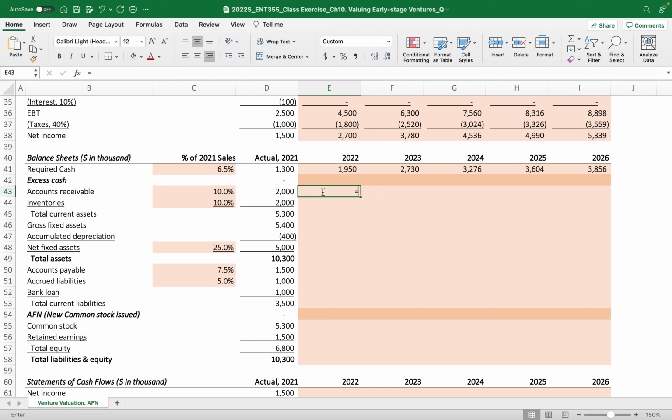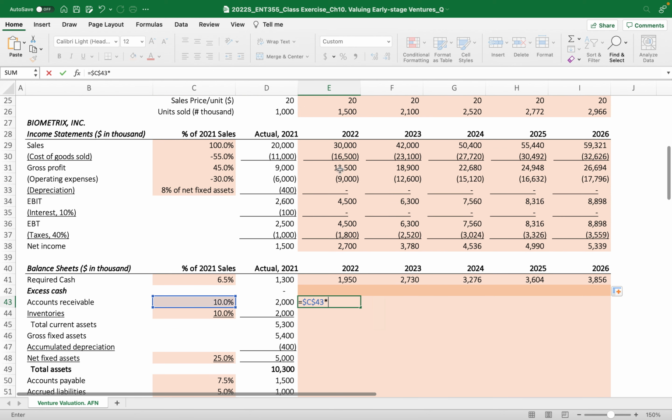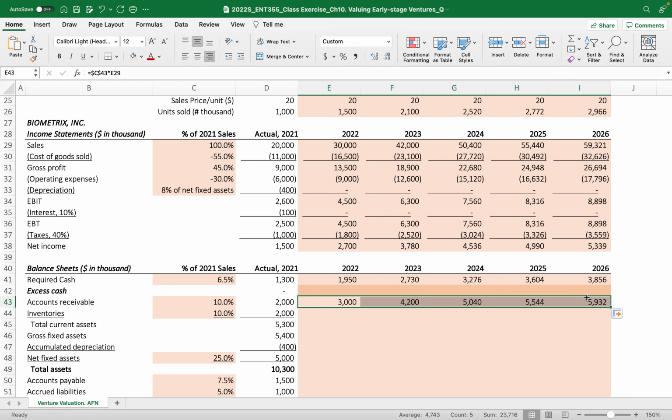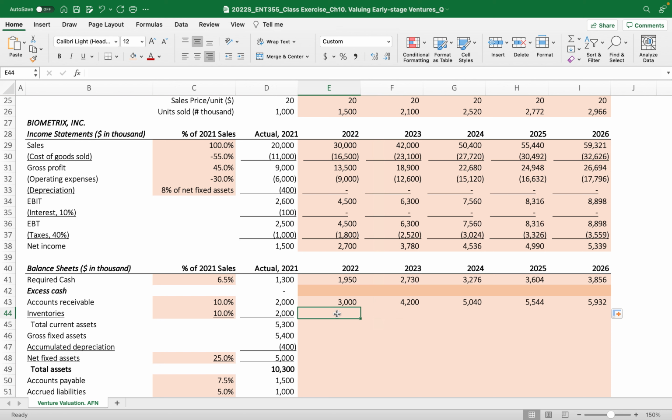Here, accounts receivable is again the percentage of the sales. Then we linked all this, the projected year's balance of accounts receivable, and then this inventory also 10% of the corresponding sales amount.